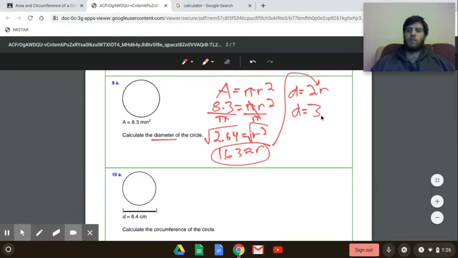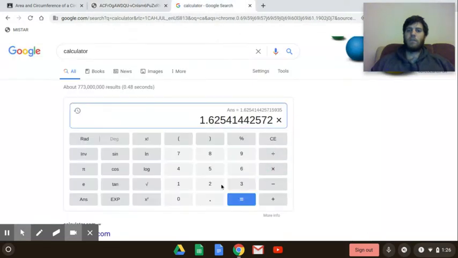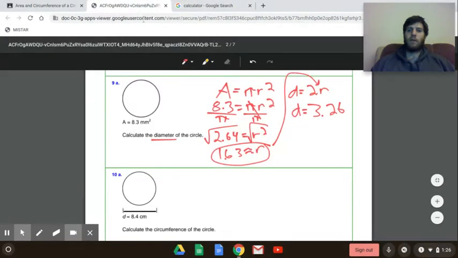Right, that would be 3.26, about 3.251. And the units here would have been millimeters.